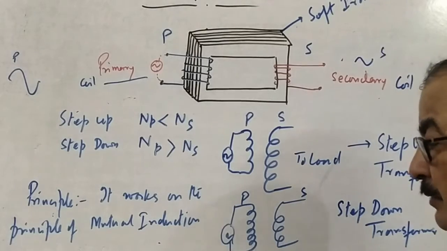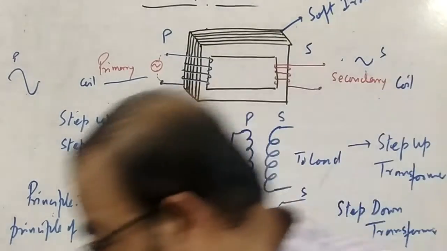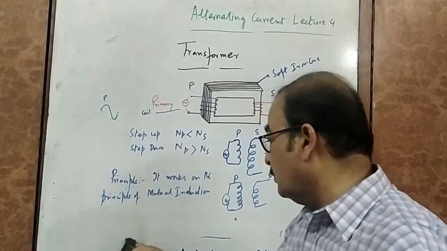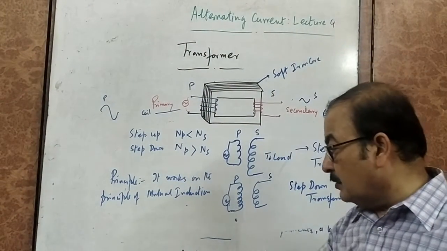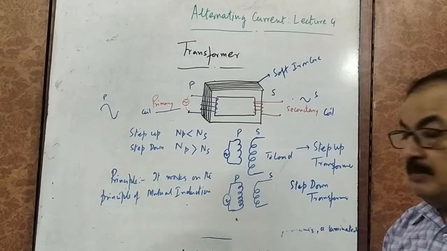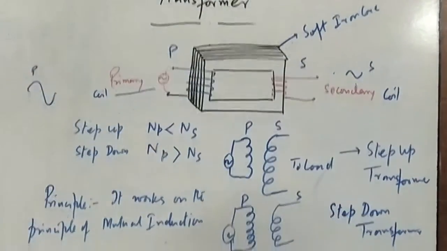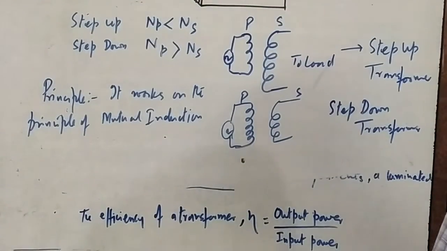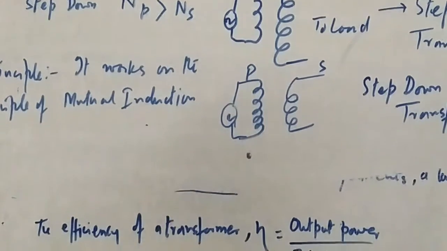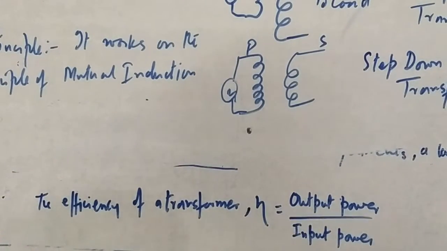Okay, when we have all this thing, then it could be said that the power of the system is constant. Power is not constant, but it is explained by the efficiency of transformer. Better the transformer, efficiency is more, and if the transformer is faulty, the efficiency will be less.